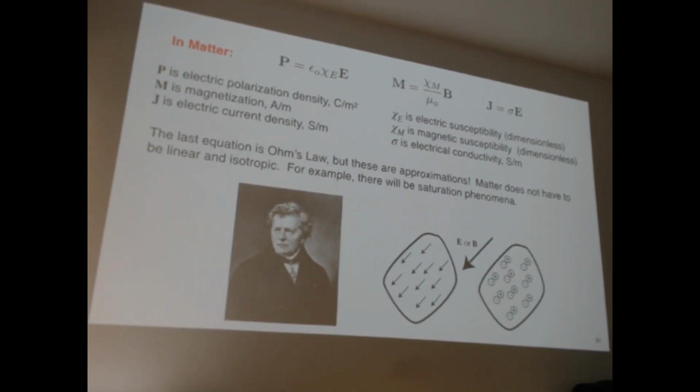It conducts electricity in one direction but not another. That's not a linear system. You can saturate the magnetization in a rock. So you've probably seen hysteresis curves, right? Yes. Well, that's because you can saturate the magnetization in the rock, and that's not linear anymore. So these are linear approximations that are useful, but they're only approximations.